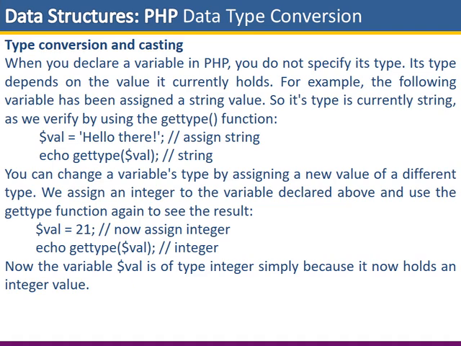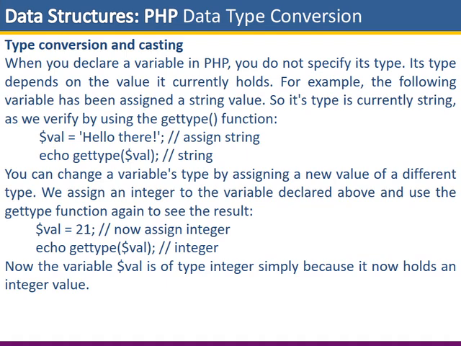When we generate the output using echo getType($var), we get string.